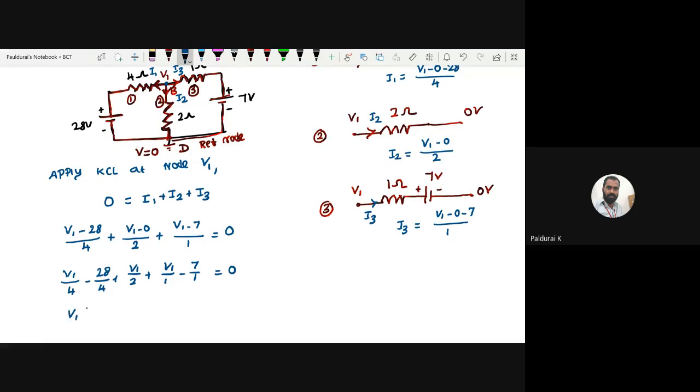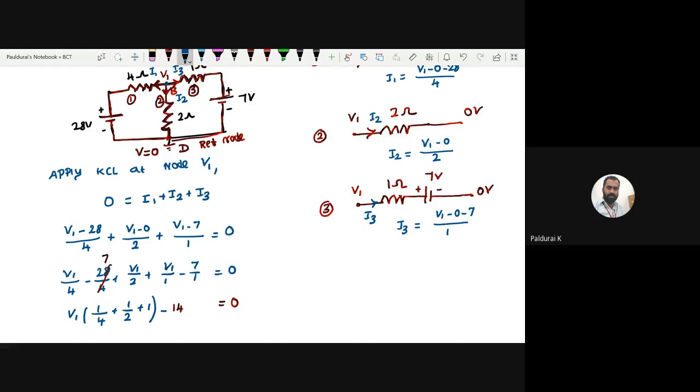Okay, so take V1 as common. Here it is 1 by 4 and here it is 1 by 2. And here it is 1. Then minus 28 by 4 is nothing but 7. So minus 7 minus 14 equals 0.